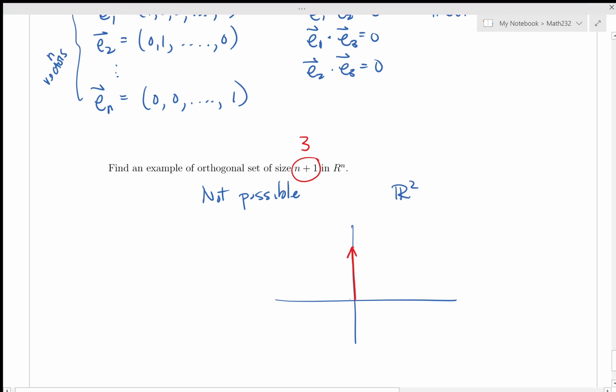So I'm going to come here like that and get another one. There's 2. Now, how would I possibly find a vector that's perpendicular to these? Any vector that's perpendicular here is going to be parallel to this one, right? So I cannot find another one here that is perpendicular to these 2 if I stay in the plane. So this is not possible. So don't try to find it. Otherwise, if you find something that's not possible to find, that can be a problem.